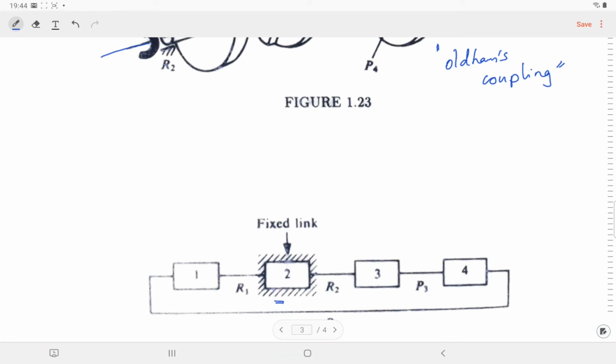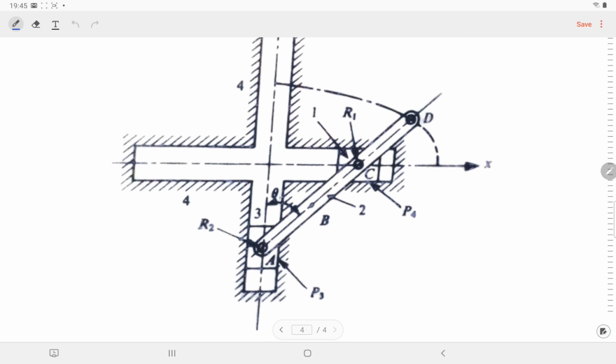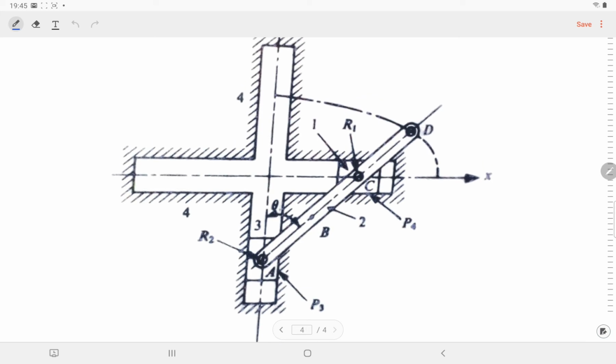Okay, so in this kinematic chain, instead of 2, if we fix link 4, what we will achieve is the following. This is the mechanism which we will achieve, and this mechanism is known as elliptic trammel.